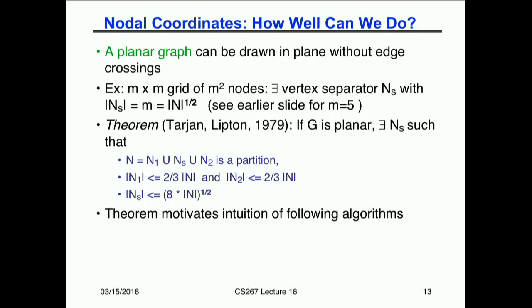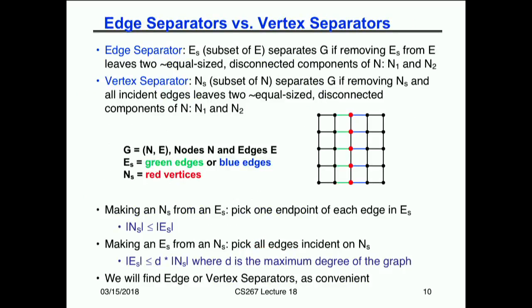It's only square root of n vertices compared to order n of the input. That will split this planar graph into two pieces, where each piece is not horribly load imbalanced. One of them is at most twice as big as the other. So one of them will be 2/3 of the graph, the other one is 1/3 of the graph, in the worst case. That is almost as good as regular meshes.